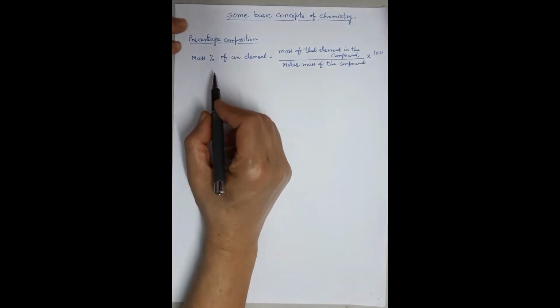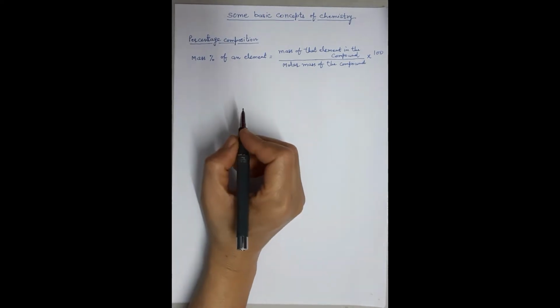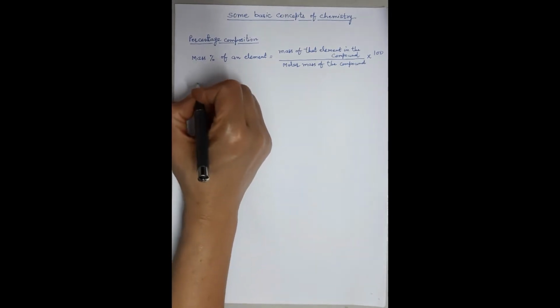This is the formula to calculate the mass percentage of an element. Beta, in order to find out the mass percentage of an element, you must know the chemical formula of the compound. In order to explain this concept, I'll take the case of the carbon dioxide molecule.